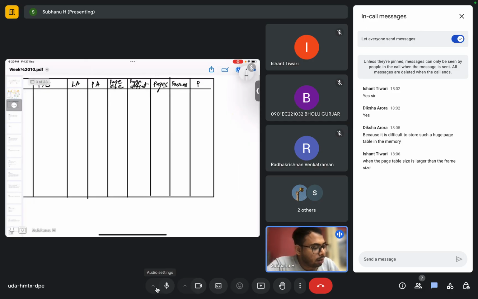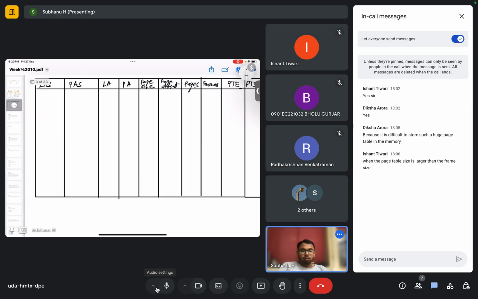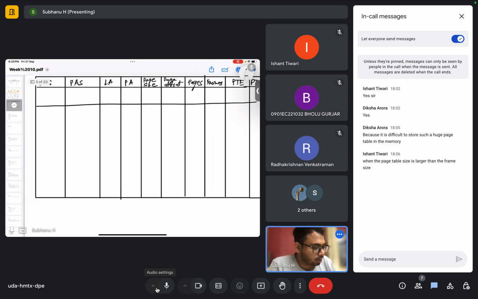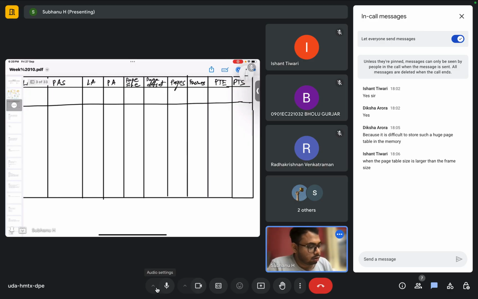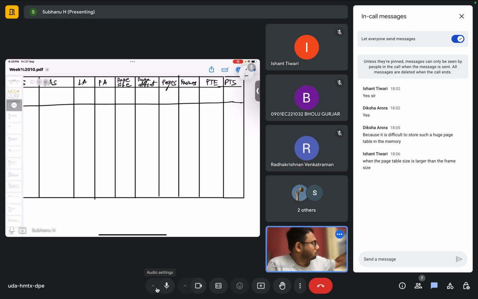Now we have page size, page table size and all. The page table will show in which location of main memory each page is present. Multiple page tables are required to keep track of all the processes.